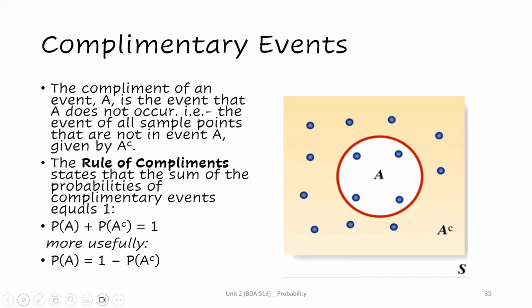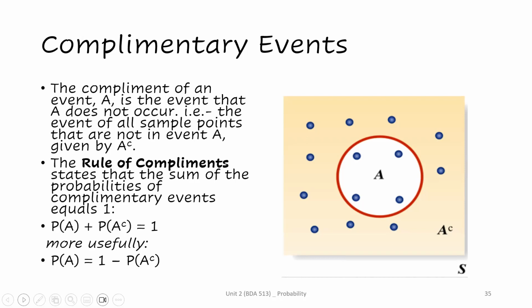So let's look at complementary events. The complement of an event A is an event that A does not occur. So the event of sample points that are not in the event A is given by the A complement. The rule of complement states that the sum of probabilities of complementary events equals 1.